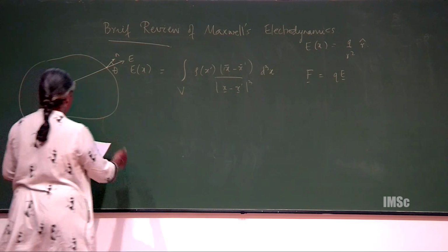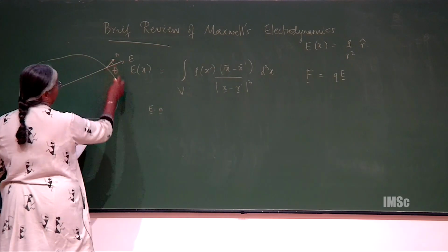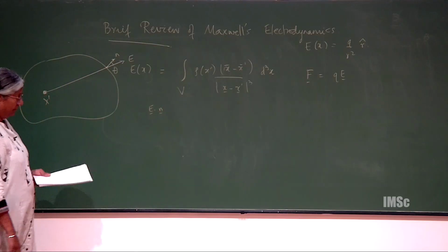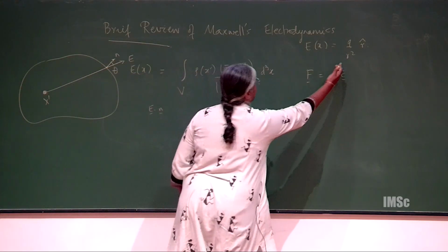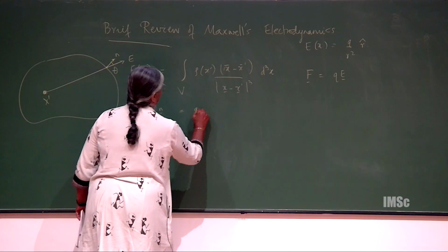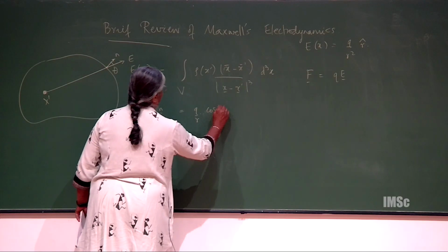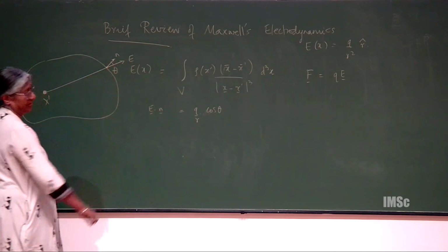So then what do I get? I get the normal component of the field. So this is the field, which is just Q by R squared, right? The magnitude of the field is Q by R squared. So Q by R squared into cos theta, because E dot n is just cos theta.